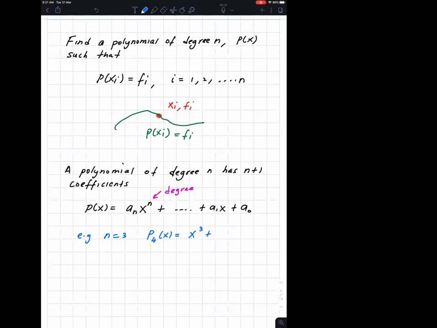The 4 here denotes there are going to be 4 coefficients. And this is the degree. For a polynomial of degree 3, you will have 4 coefficients.